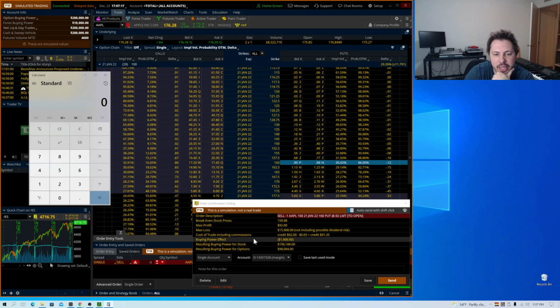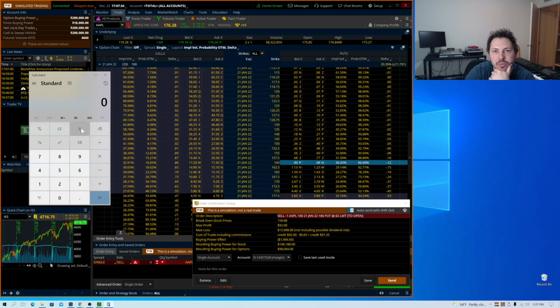The buying power effect is roughly $1,906 of margin to hold this cash secured put.